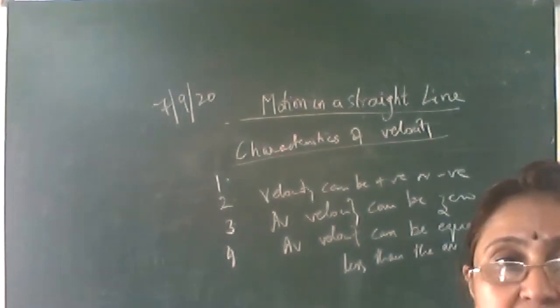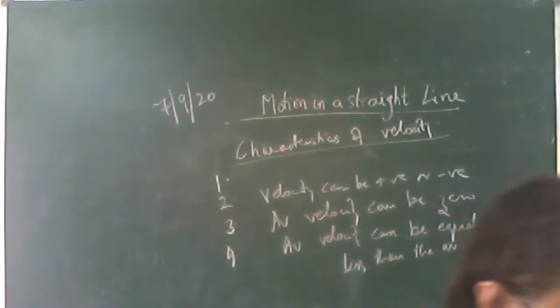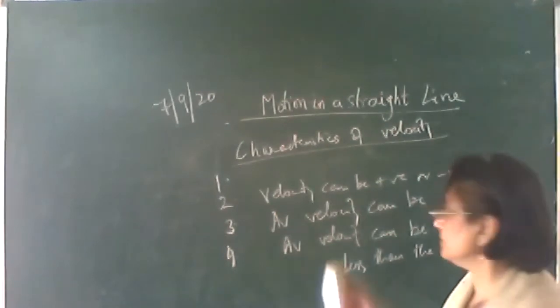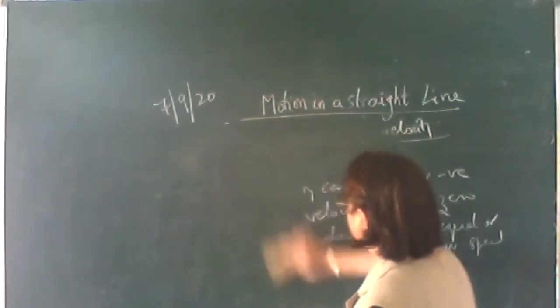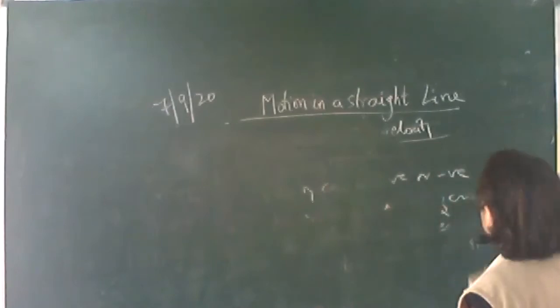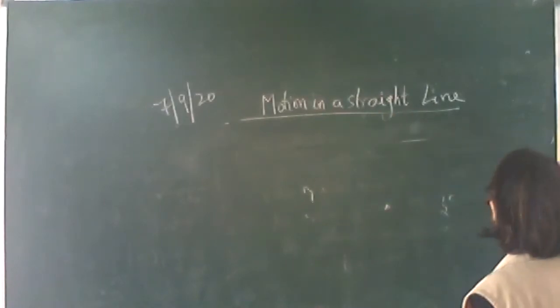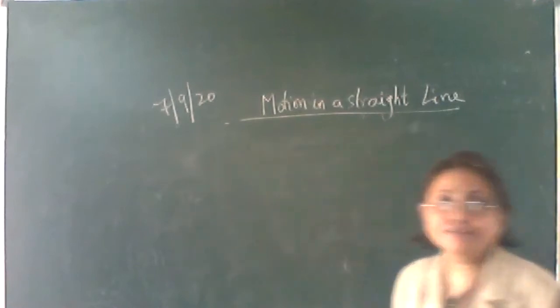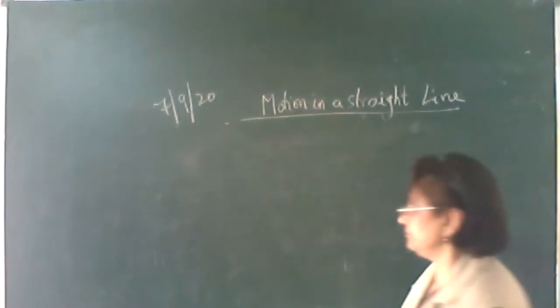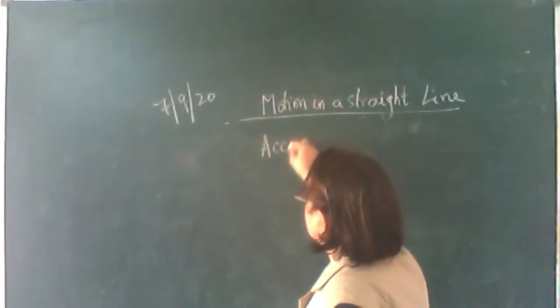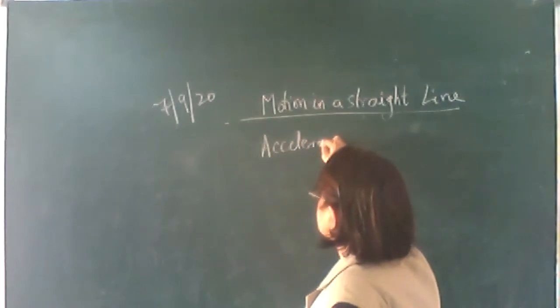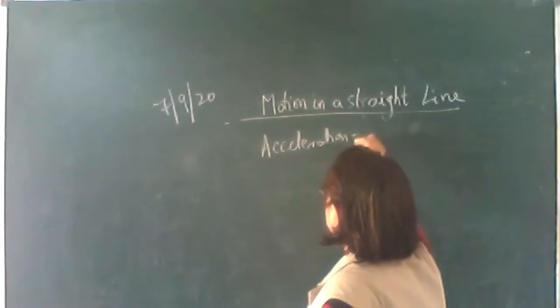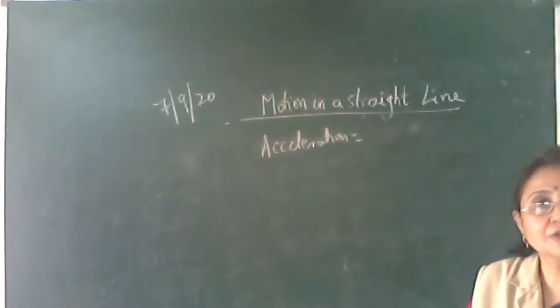Okay, next is acceleration. Let's study about acceleration. Acceleration is defined as the rate of change of velocity, that is the change in velocity per unit time. So the formula for the acceleration is change in velocity upon time taken.